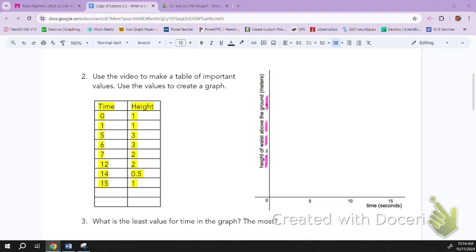So if you're wondering why it's 0 and 1, when he's standing, his waist is about 1 meter off the ground, and we are measuring in meters. So will you copy this table into your notes, please?